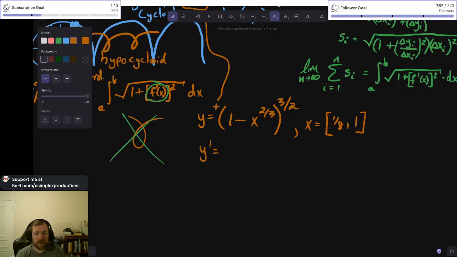So now we need to know what y prime is. It's going to be 3 halves times 1 minus x to the 2/3 raised to the 1/2 multiplied by the derivative of the inside, which is going to be a negative 2/3 x raised to the negative 1/3 power.